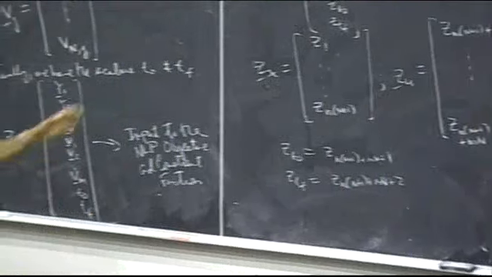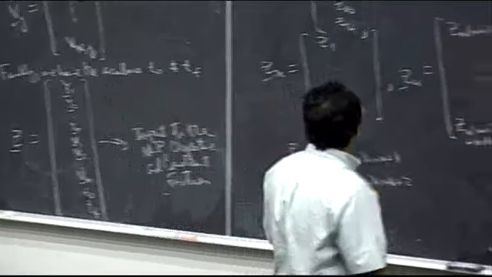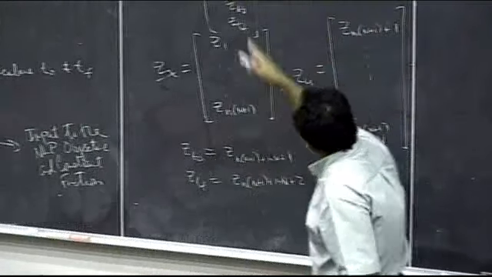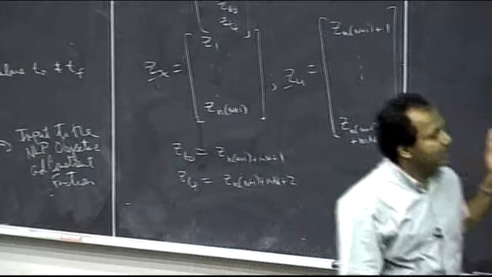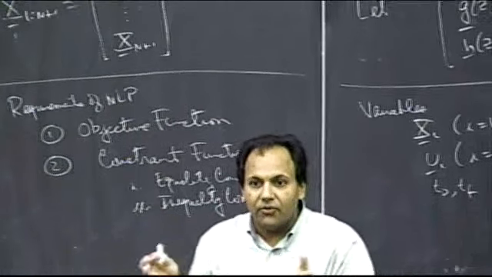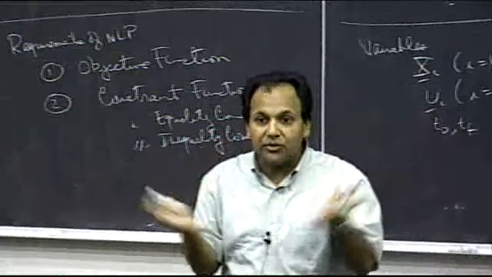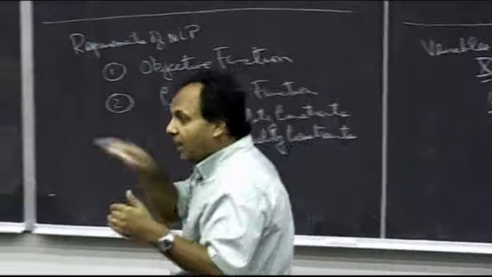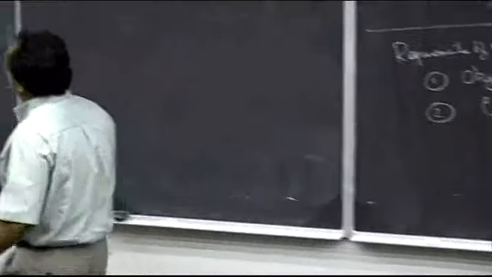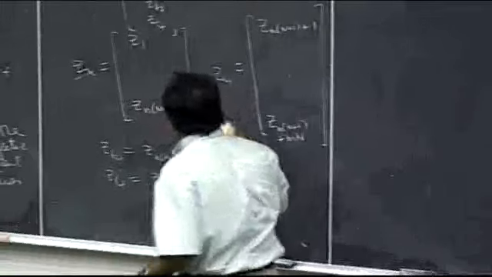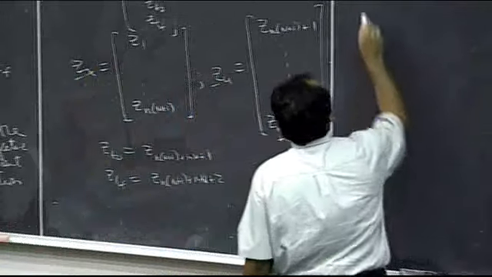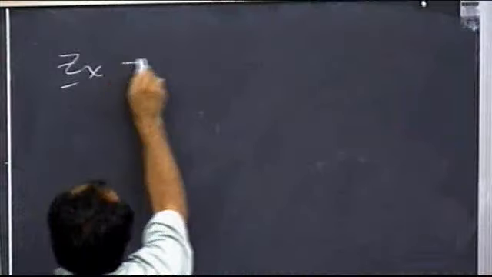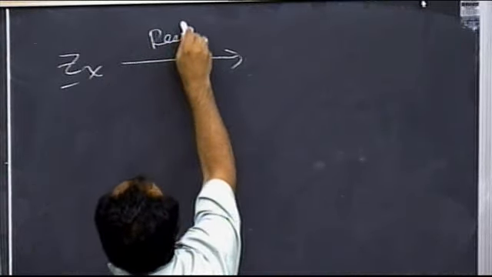So now I have all these NLP variables, but you see that these are now vectors, right? My Radau pseudospectral method doesn't work with vectors in its native form. It works with these matrices and these values of the state at different points in time. So what we do now is we take each of these and reshape them into matrices. So we say zx, we're going to do a reshape.